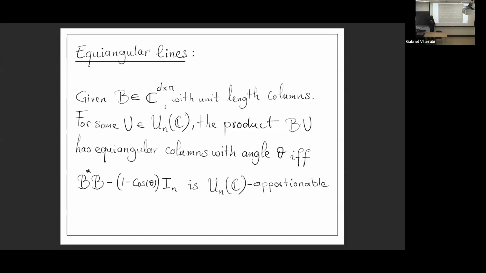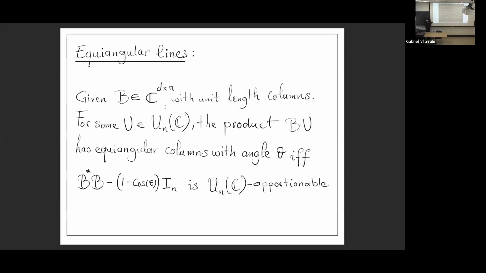Now, if you're equiangular, that means that when I compute B times B star, I get identity, so to speak. B times B star is computing the angle in between them. If you shift the diagonal entry by the cosine of the angle, you get a matrix where all the entries are equal to the cosine. So this tells us that the equiangular line problem is also as hard as apportioning.